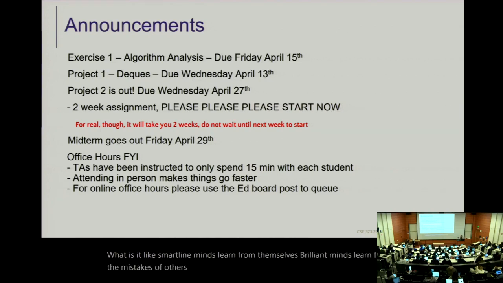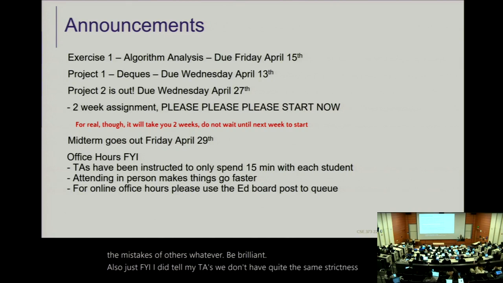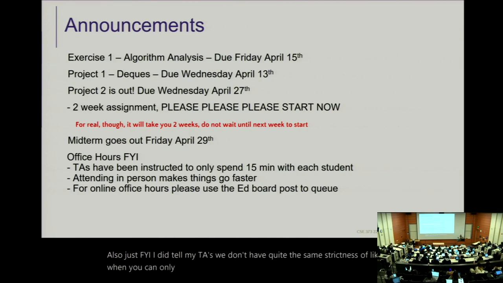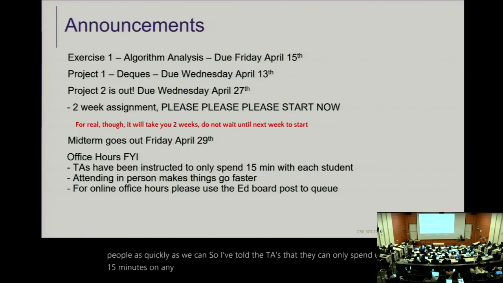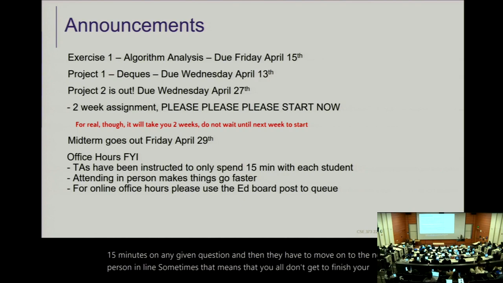Be brilliant. Also, just FYI, I told my TAs we don't have quite the same strictness of only answering some things like 1-4X, but we do need to get through people as quickly as we can. So I've told the TAs that they can only spend up to 15 minutes on any given question, and then they have to move on to the next person in line. Sometimes that means you don't get to finish your conversation. That means you're just going to have to get back in the queue.